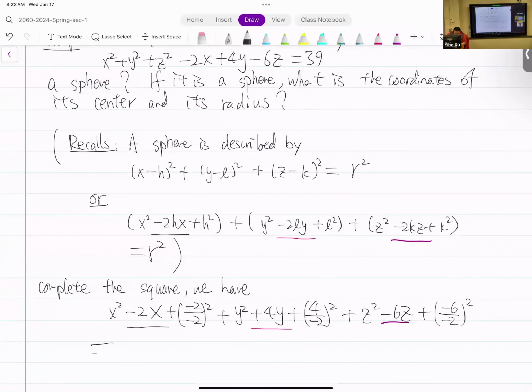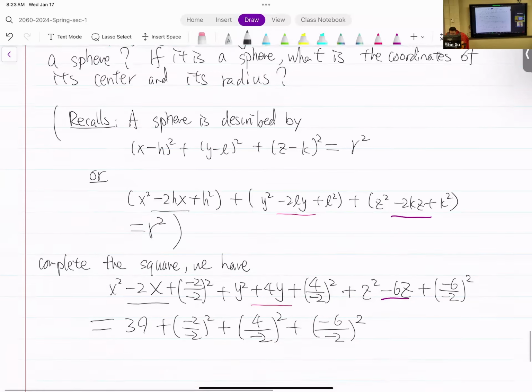So this thing equals 39 plus these squares that we added. So that's what we want to do in order to keep the equation equivalent to what we start with, right? And now we're getting close.